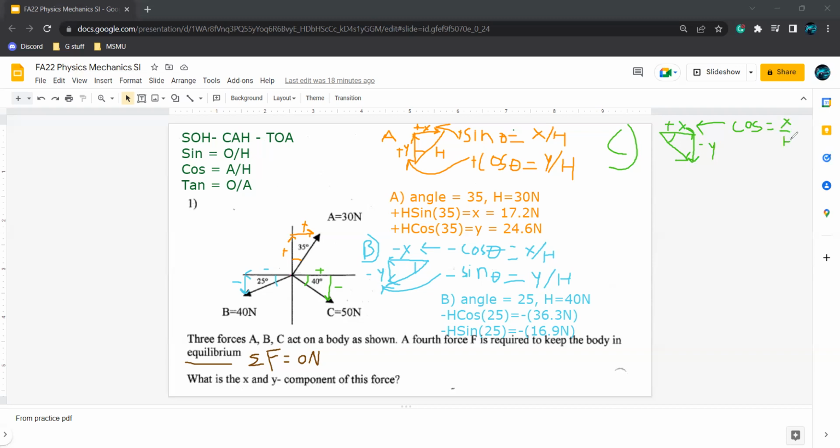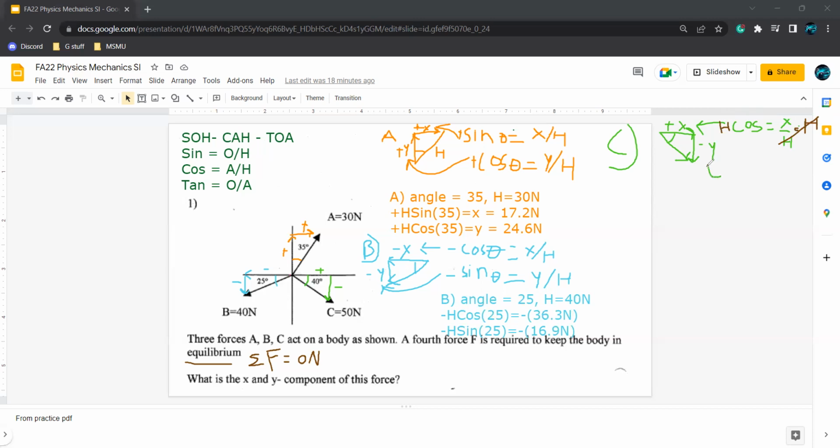I think I have enough room for this. You multiply both sides by hypotenuse. That's what I've been doing the entire time. I just haven't been writing it. And you multiply this side by h2. Because what you do with one side, you have to do the other. And that's what gives you x.